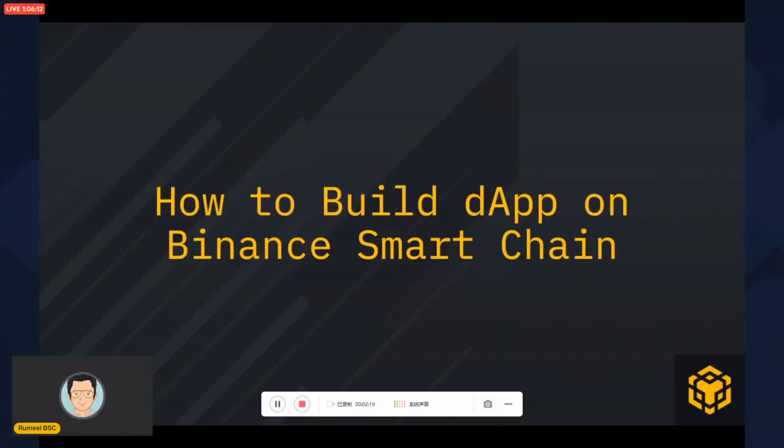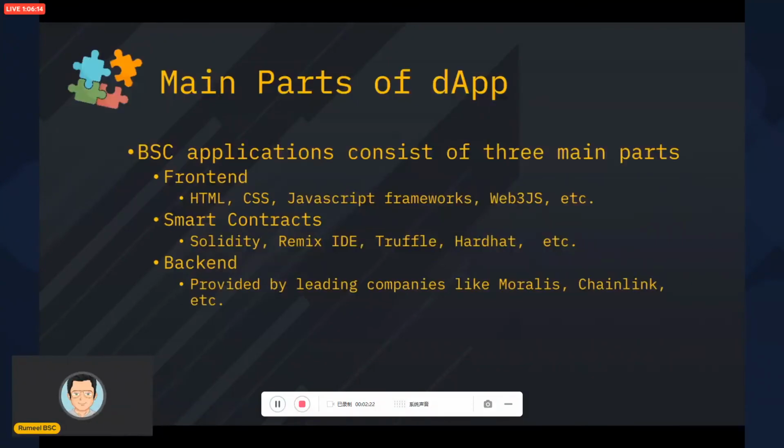So now let's start with what the main parts of the applications are. For the applications, you can develop your BSC applications using three main parts. These are the main parts of the development of traditional applications and for dApps as well. Here the smart contracts play a very important role, which can be different from the traditional one to the dApps one.